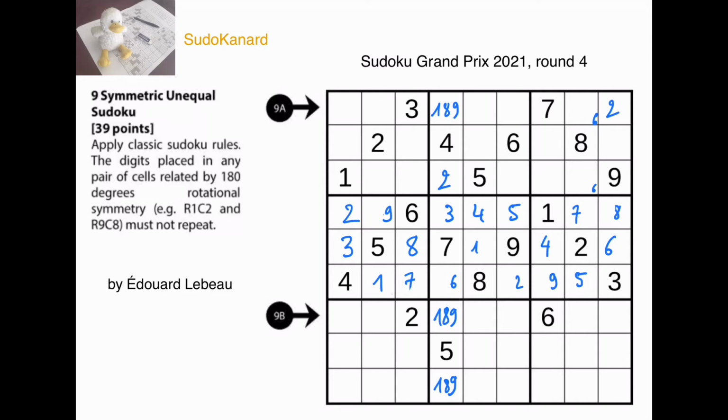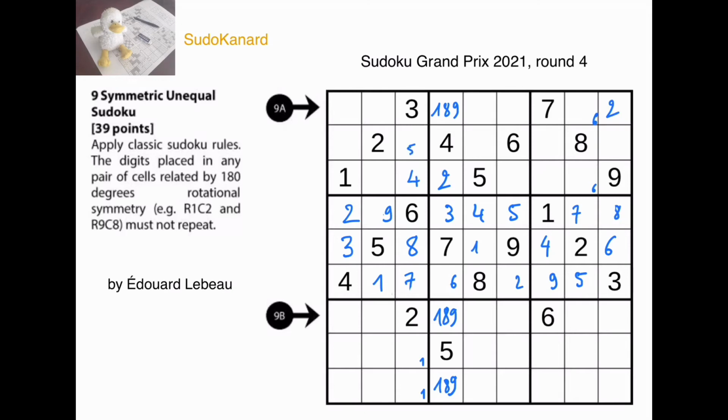This column needs a 1, it's not here, it's there. It also needs a 4, a 9, and 5. Oh, so this is a naked single, that's a 4.